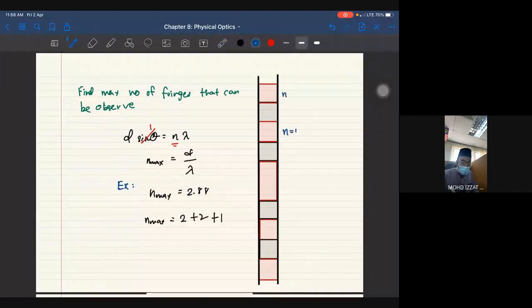This one is when n equals 2. If it says n equals 3, you would already see the third one, the bright fringe over there. But it doesn't reach that, it's 2.88. So you cannot see it, so don't put it inside your calculation. So just 2. Round it down.